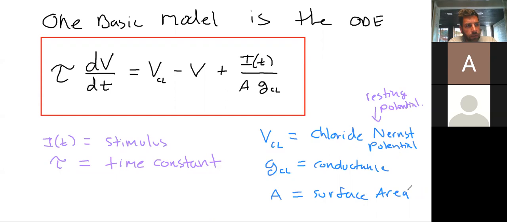The only difference is if the stimulus is not constant, then it becomes a little more complicated to solve by hand, but you can definitely solve it by hand. Does anybody have a question?